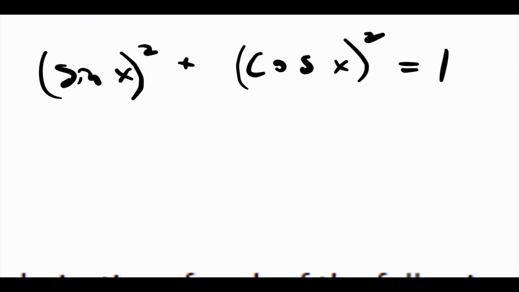Why is that identity true? What are we talking about here? The unit circle. This comes from the unit circle. What is the unit circle made up of?